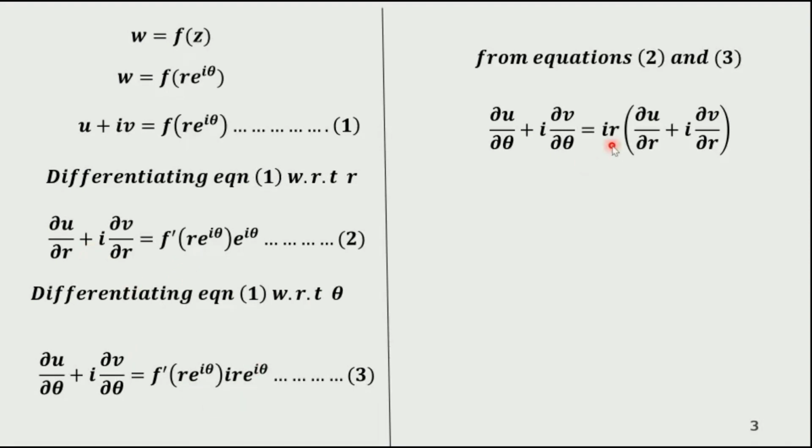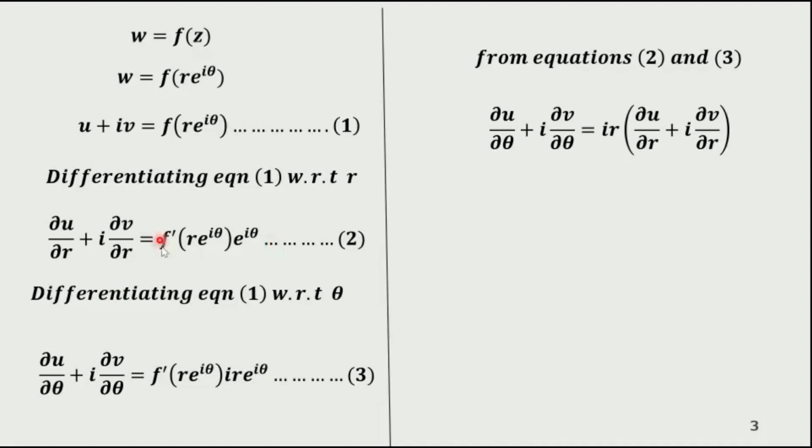I've taken IR common, and instead of f dash into e raised to I theta, I can replace it by dou u by dou r plus I into dou v by dou r. Okay, so I am trying to eliminate f dash of r e raised to I theta into e raised to I theta, by substituting it from equation 2 in equation 3.